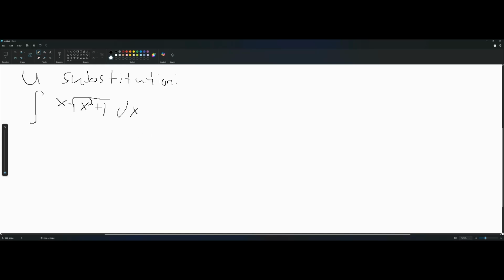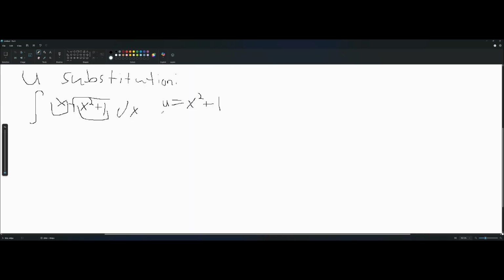So basically, we see this complex value right here, and we see that something that closely resembles its derivative is right here. So we can set our u equal to x squared plus 1, right?